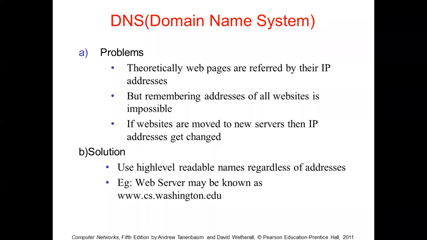Remembering so many thousands of IP addresses is very difficult. So instead of remembering IP addresses, remembering names is easier. Like, in a classroom, for me, remembering names is easier than remembering roll numbers. Even in general, when we want to access data from the internet, it is easier to remember the name of a website rather than its address.